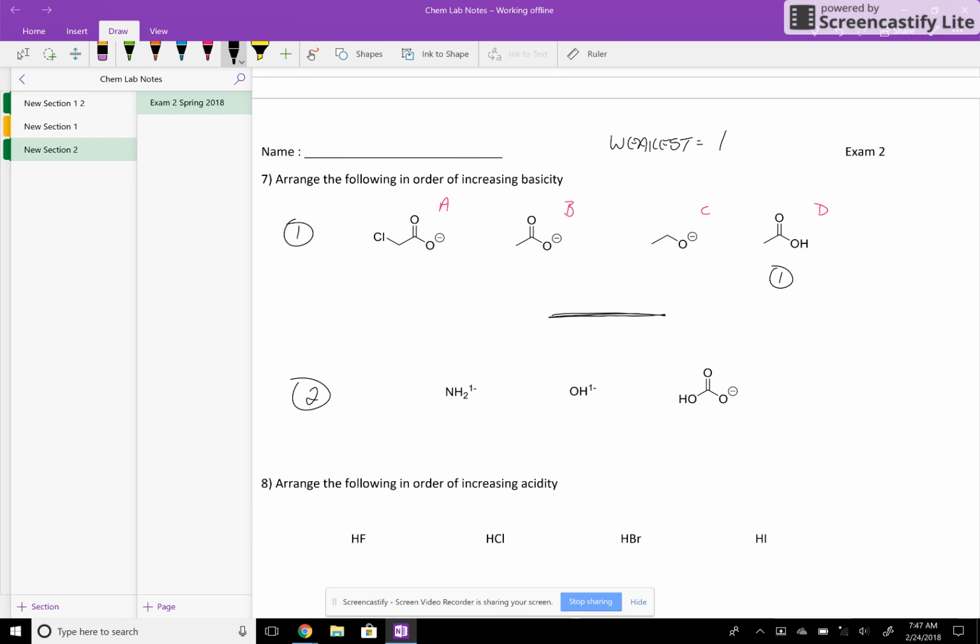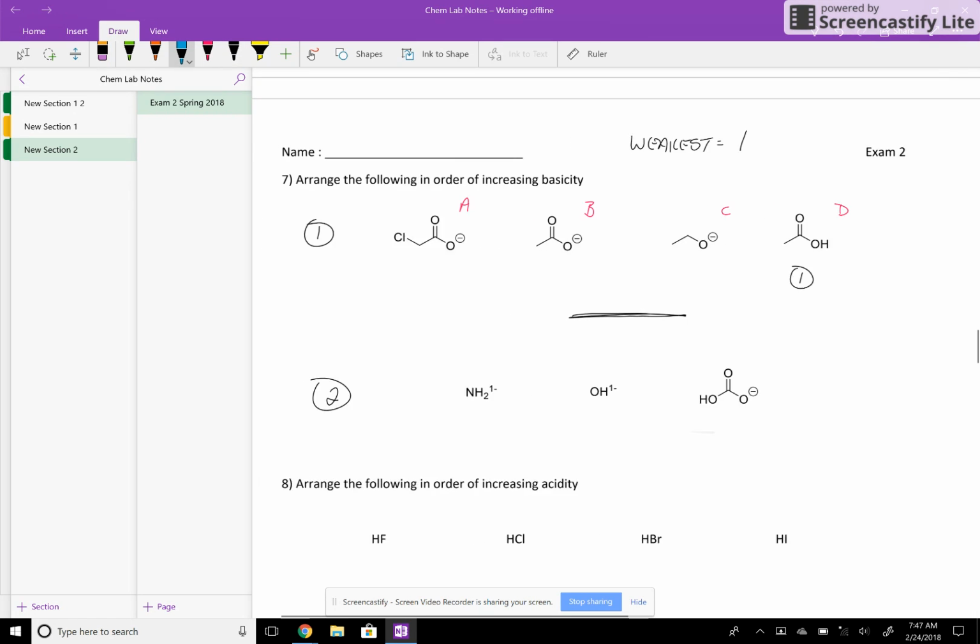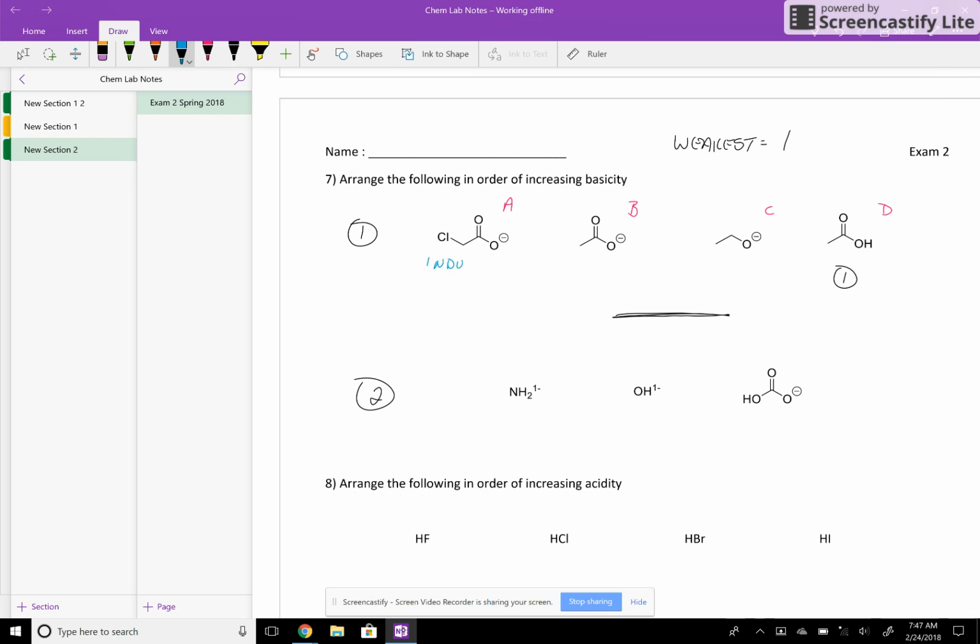If we take a look at A and B, the difference between them is that one has a resonance structure, along with the chlorine there that's helping to stabilize that minus charge through inductive effects. So if we make a list, we've got inductive, we've got resonance, and resonance here.